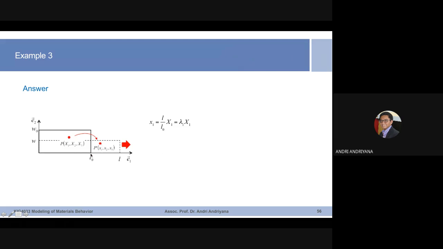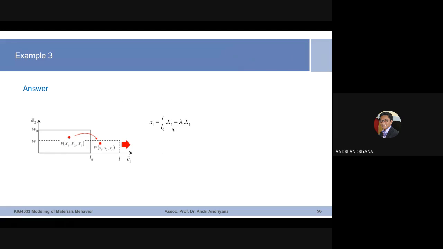And then this is L0 becoming L. So if I have an arbitrary point located at small x1 after deformation, where it was located at large X1 before deformation, then I can have a proportionality law here that small x1 is simply L over L0 times capital X1.